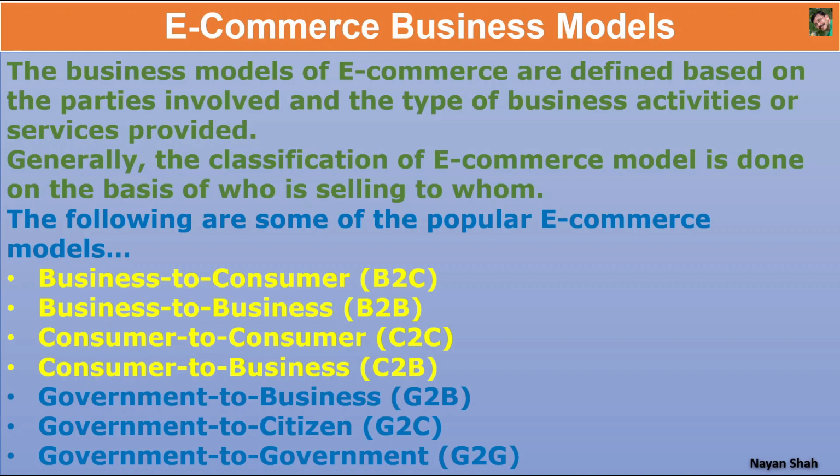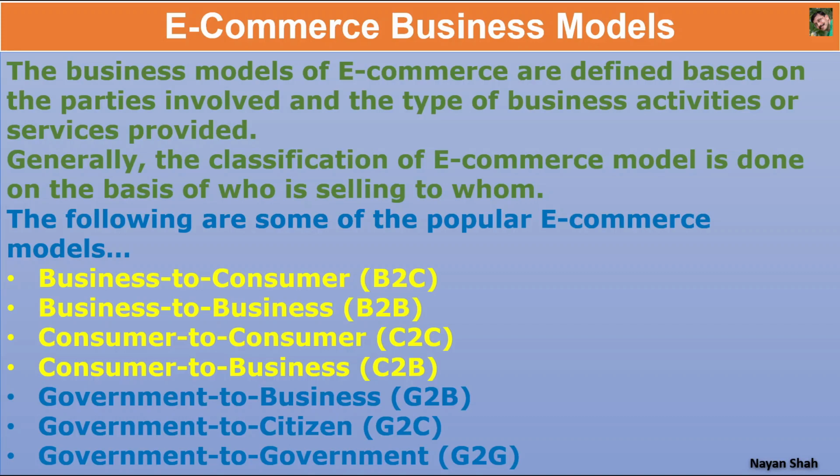So different business models are defined, and if you refer to different websites, you will find a different list of models. The textbook discusses the most general e-commerce models, but they are defined based on which two parties are involved and what type of business activities or service they are rendering to the customer.